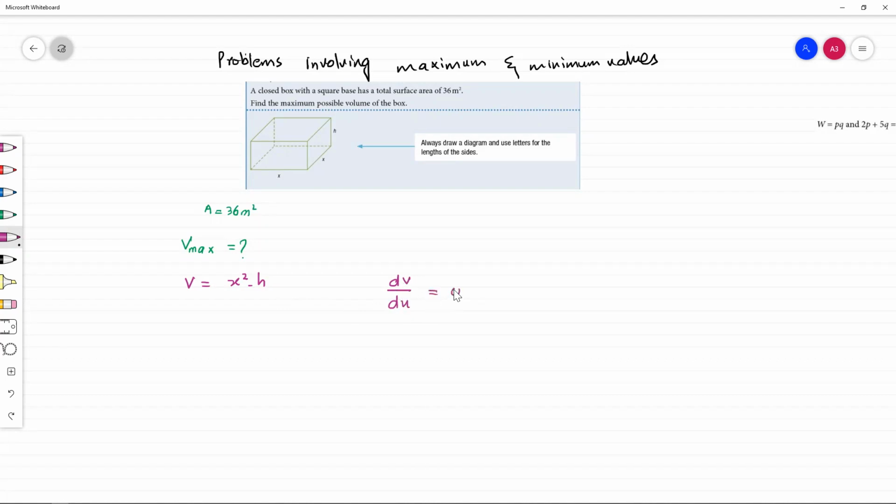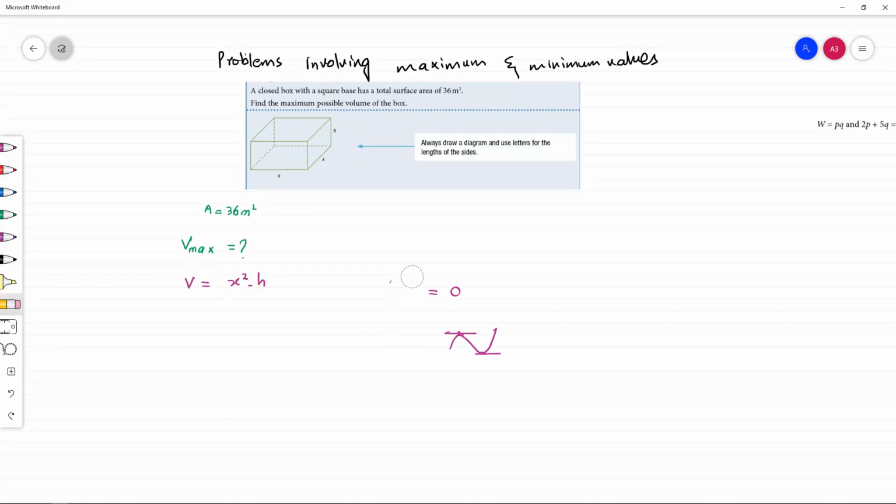Then we put it equal to 0. From this equation, we get the stationary points, where the derivative is 0. Then we find which point is maximum and which is minimum. The maximum point will be our answer, because we have to find the maximum of this volume.